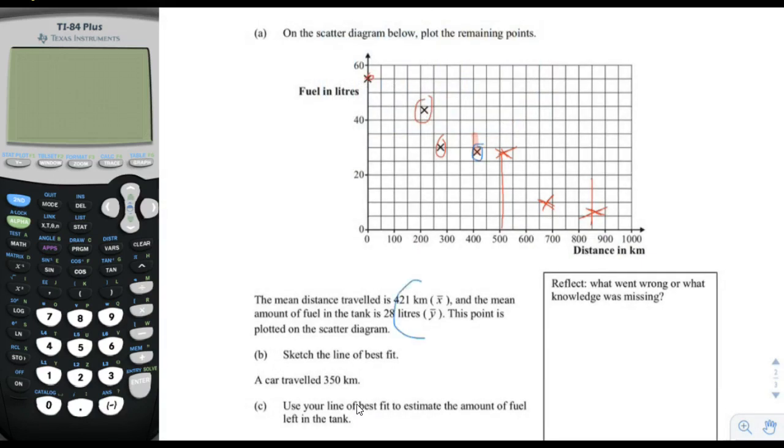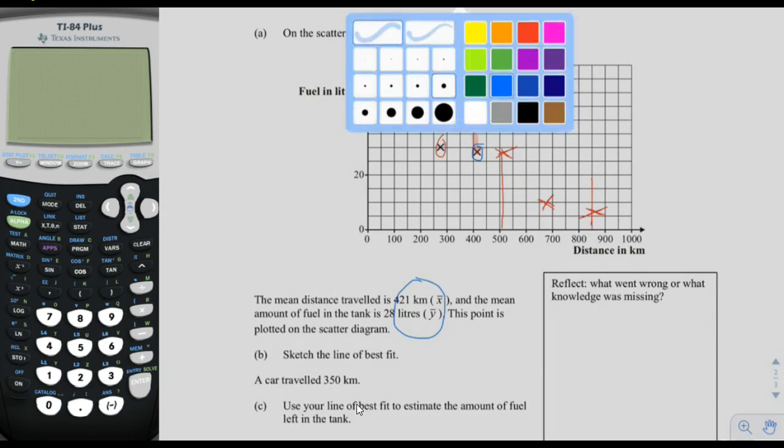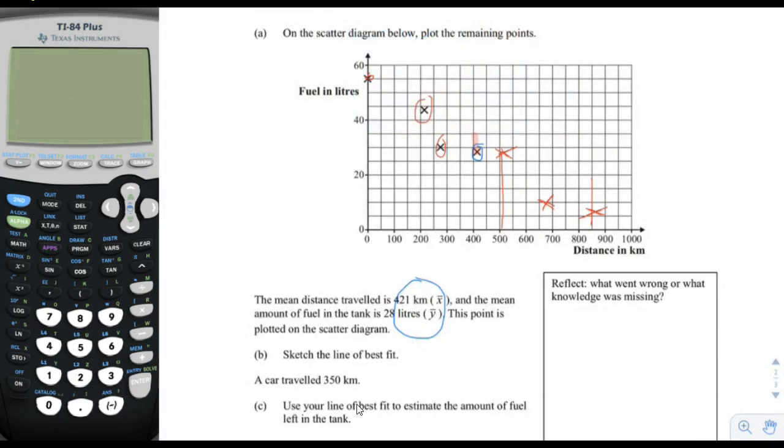Okay, sketch the line of best fit. Now, what are they looking for here? The line of best fit needs to go through the mean point. So that point that's circled in blue is going to be one of the points of your linear regression line.